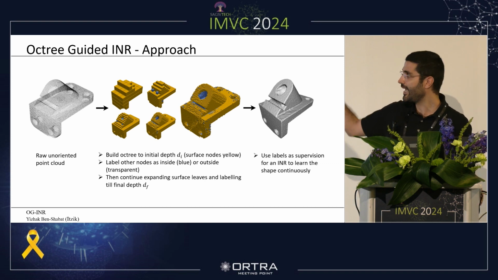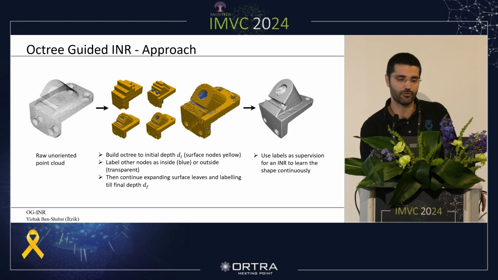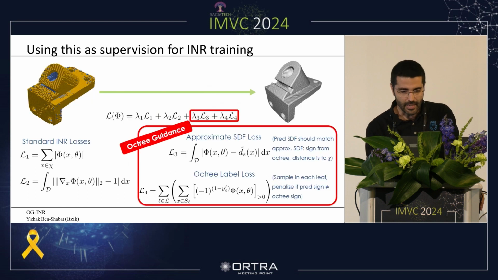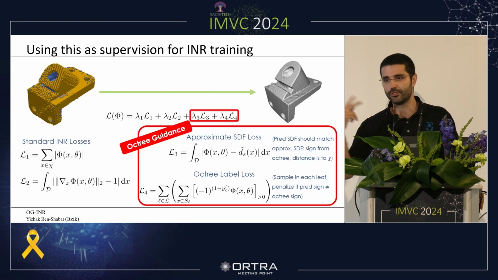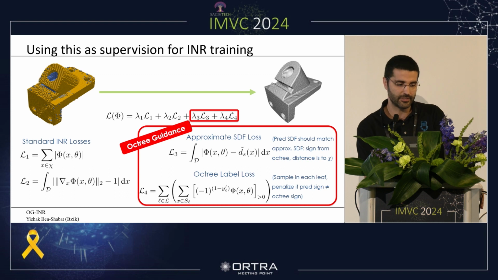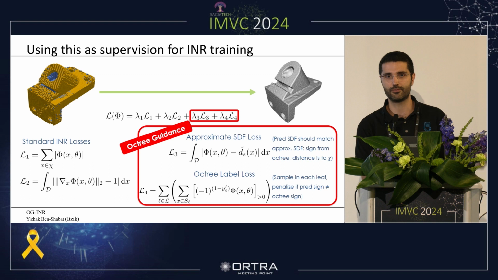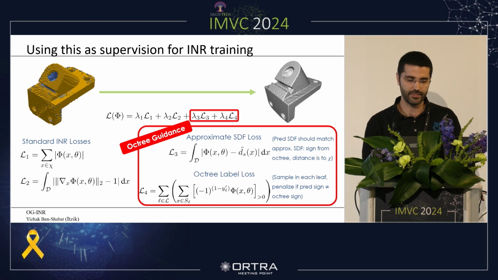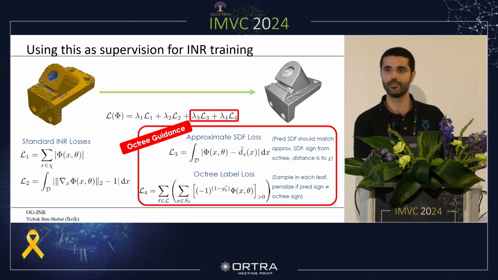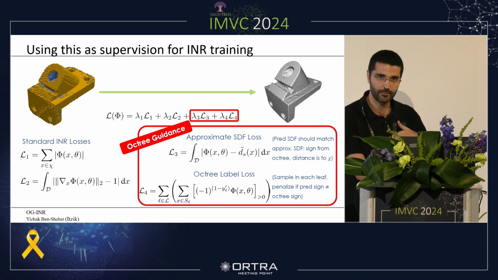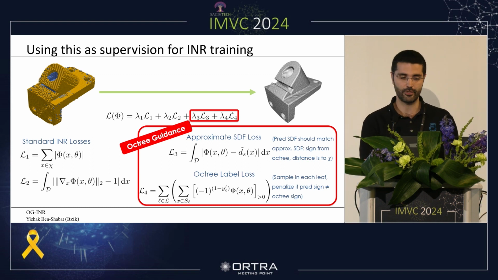And then once we have this octree, we can use that to train the implicit neural representation that would give us the shape that we have here on the right. Now, how do we train this? We use the two traditional losses for implicit neural representation. So the zero level set loss, which basically pushes all points on the surface to have zero distance, and also the eikonal term that basically pushes all of the gradients of the network to be 1.